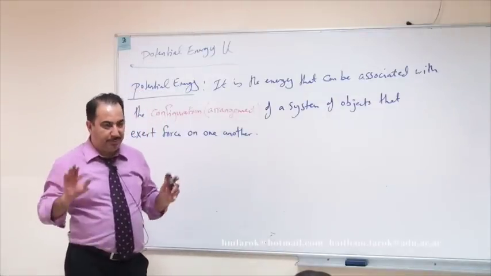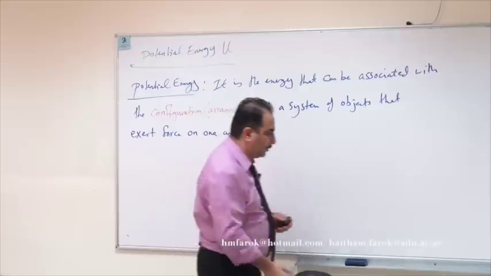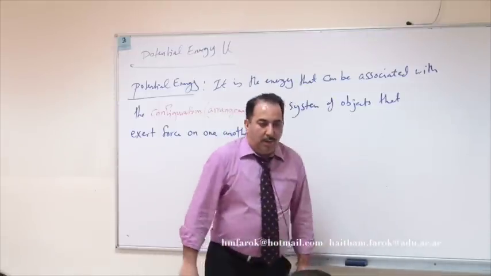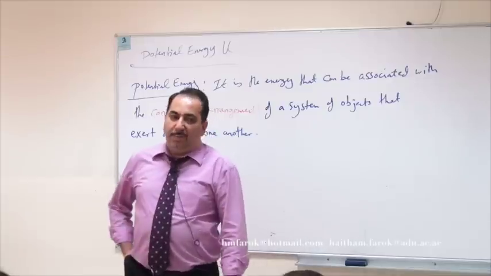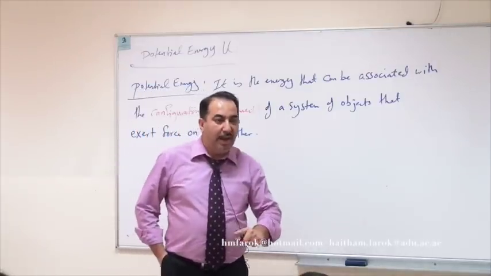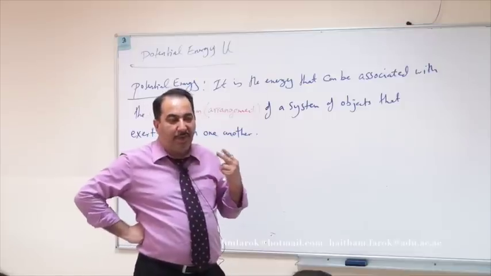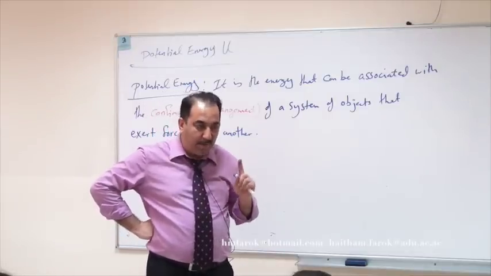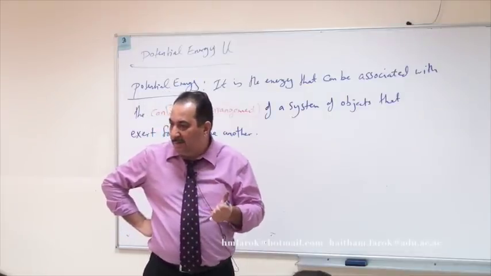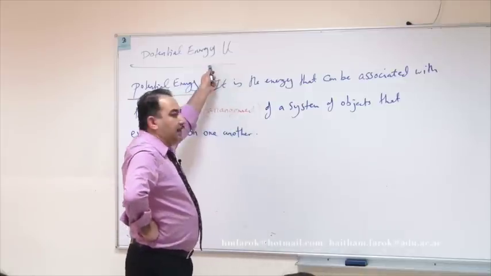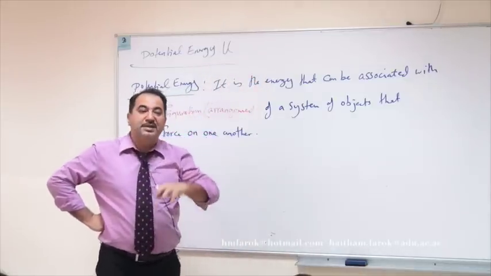This is a definition, but let's discuss what it means. If you remember, so far we talked about work and kinetic energy. But in the beginning, I told you that there are two types of mechanical energy: kinetic and potential. This is the second one, potential energy.